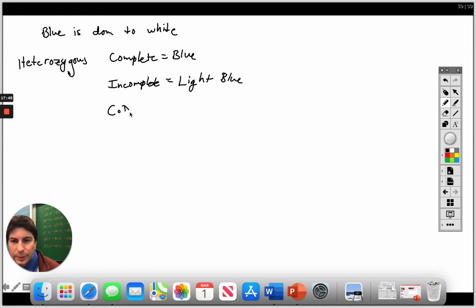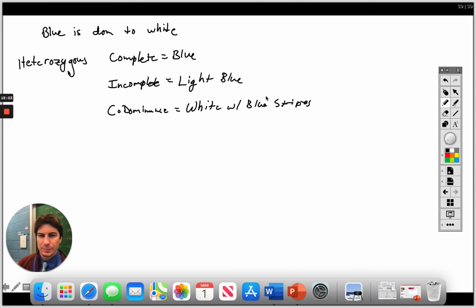If it's codominance, it's going to be, let's say, white with blue stripes. All right, I'm just making this up. It could be blue with white stripes. It could be blue with white spots, whatever. Okay, so that's the difference between all of those.